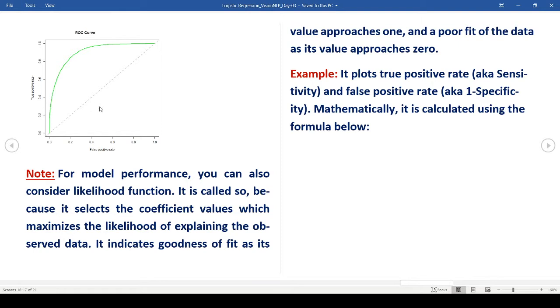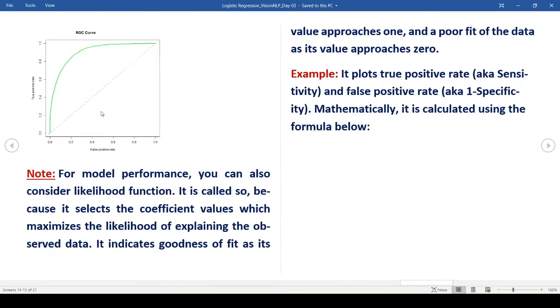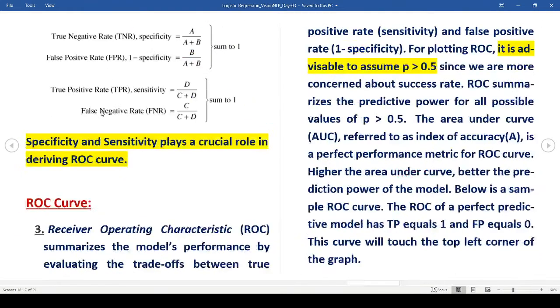The important thing I have told you is that we plot the ROC curve between the false positive rate and the true positive rate, which relate to specificity and sensitivity. Here we have learned the false positive rate, related to specificity, and the true positive rate, which is sensitivity.